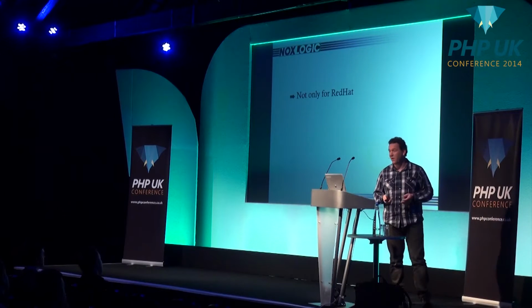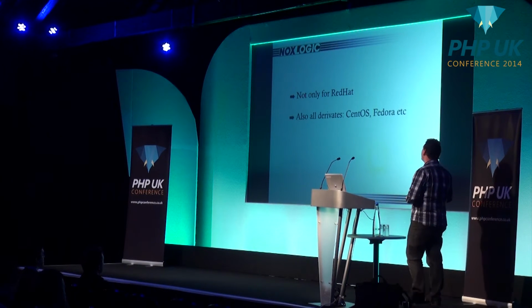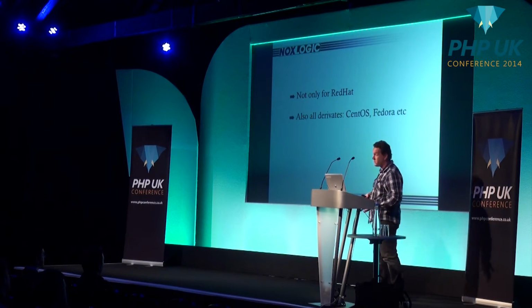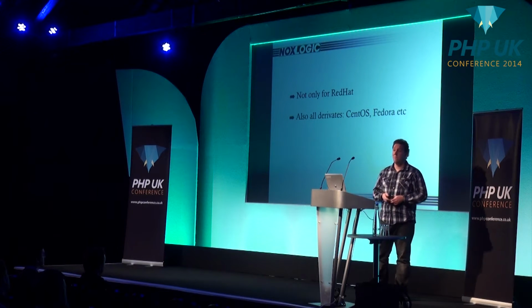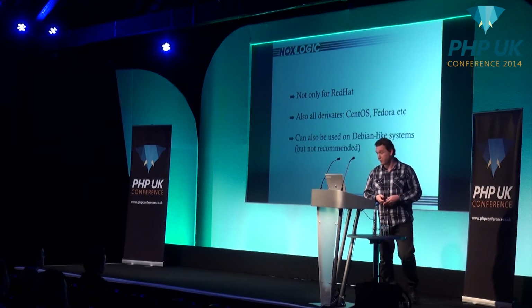Awesome, that's really nice. So for the people who have no idea what RPM is, RPM stands for Red Hat Package Manager. Now, this doesn't mean that it's only for Red Hat. It's also for all the derivatives, like CentOS and Fedora, etc. A lot of people will use Debian or Ubuntu.